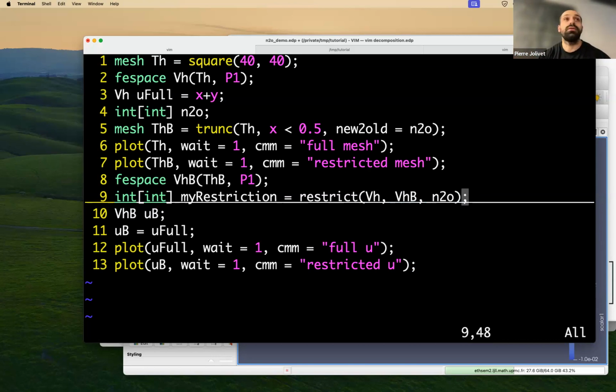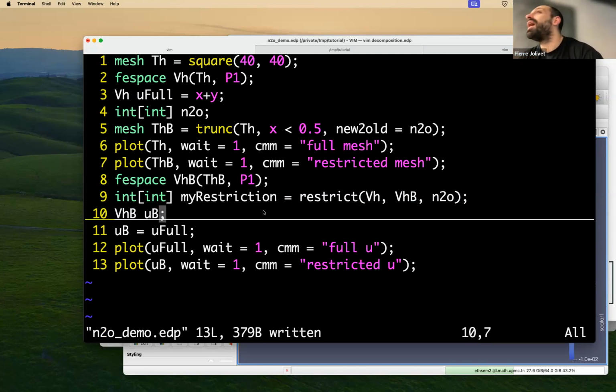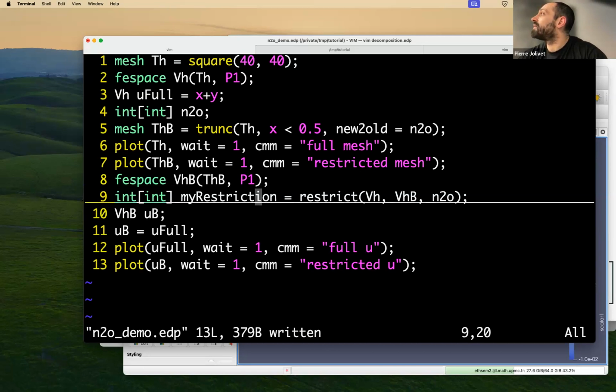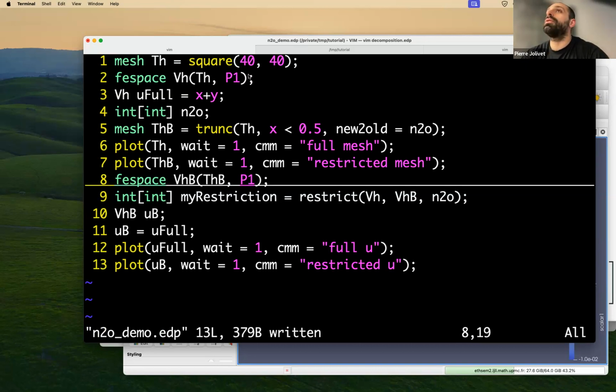What happens if THB has nothing to do with TH? It gives garbage, I think. Be careful. So if we do P0, P0.